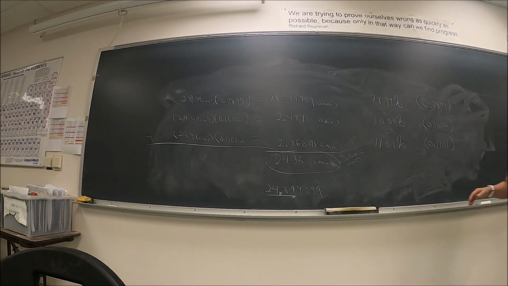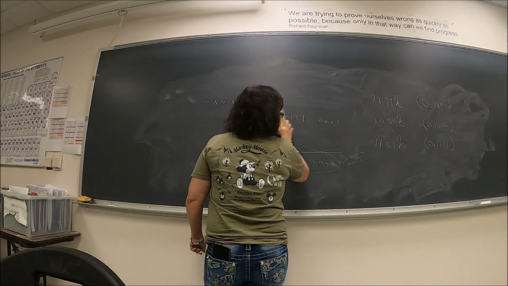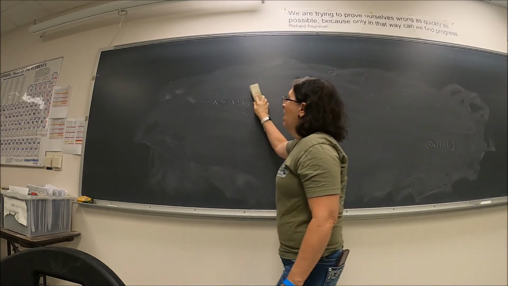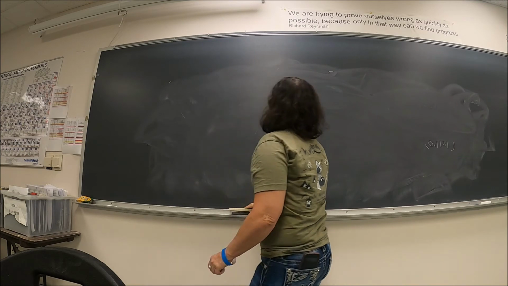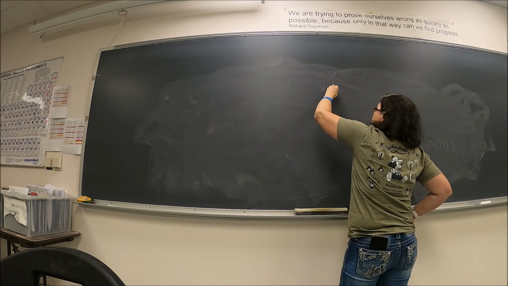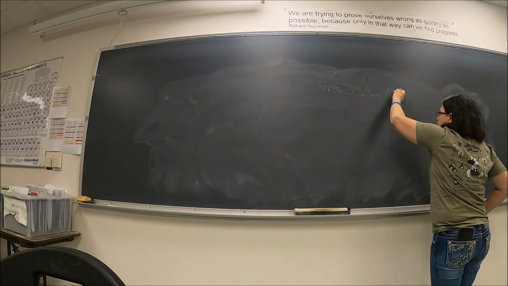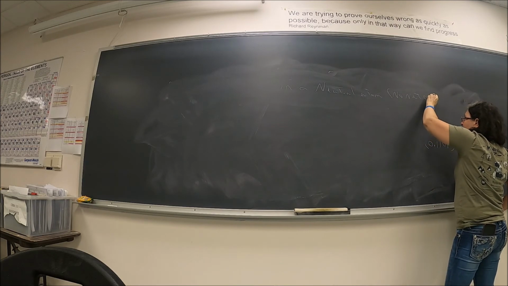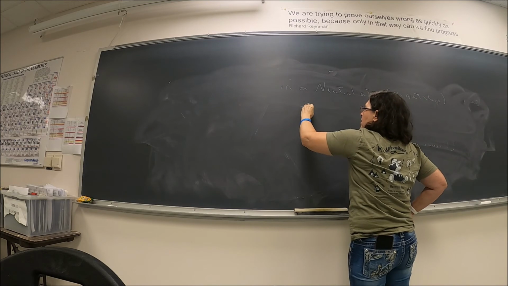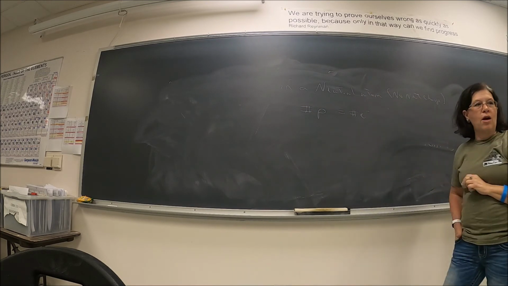Now, some other things that we're interested in about an atom. We can talk about an atom being neutral, or we can talk about ions. Okay? In a neutral atom, which means no net charge, the number of protons equals the number of electrons.